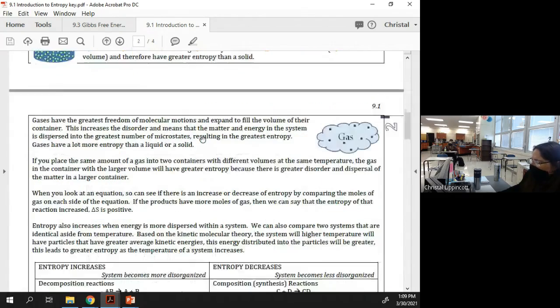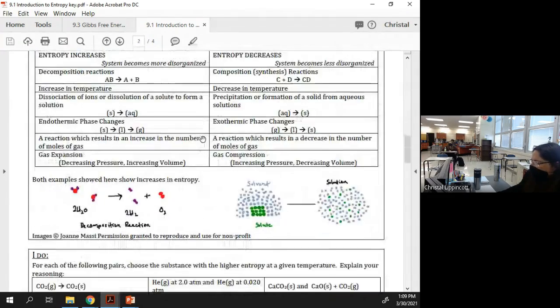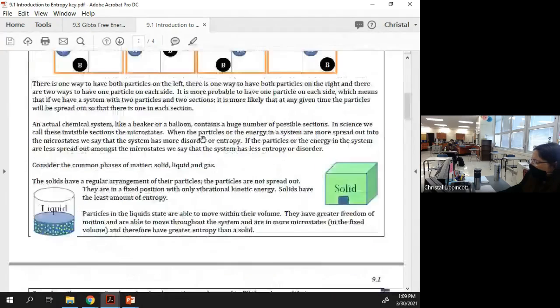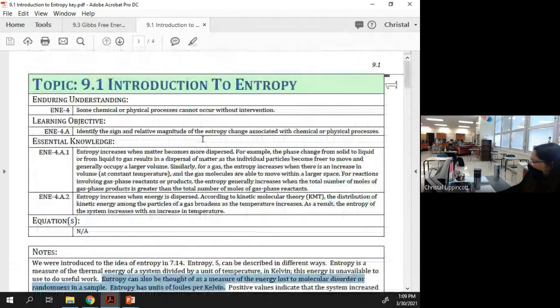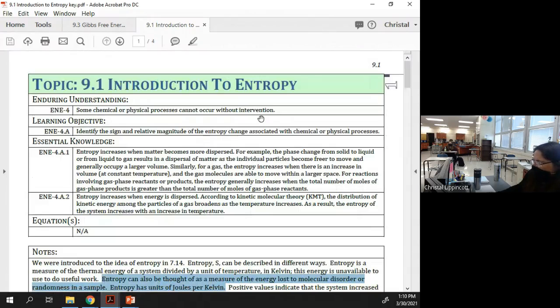So go through and read their take on some of this. I think they do a really good job. I did include the answer key as well, but I want you to do the work first and then check your answers against the key.